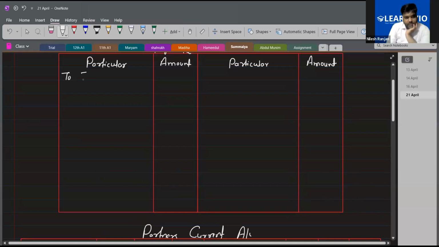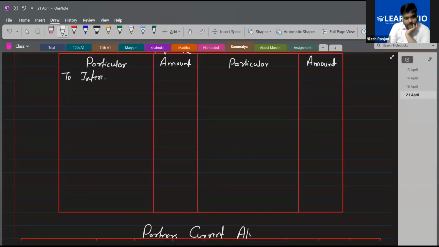To interest on capital, A, B, C, 2,500, 1,500, and 1,000. Total 5,000.